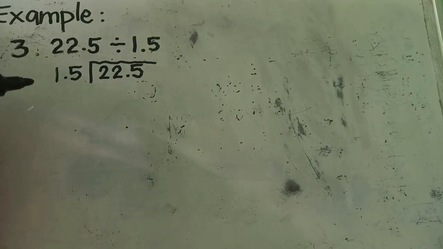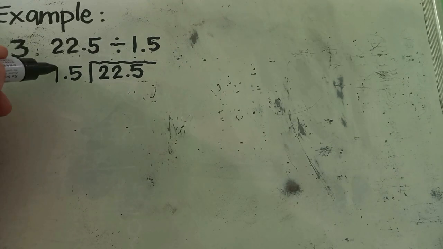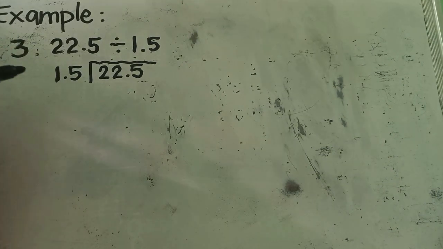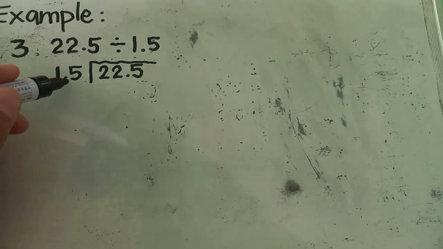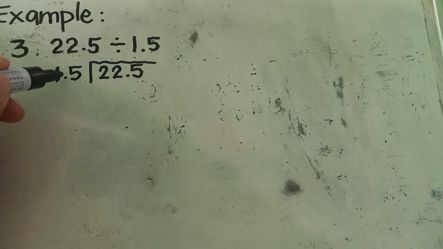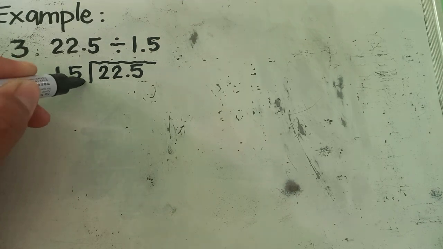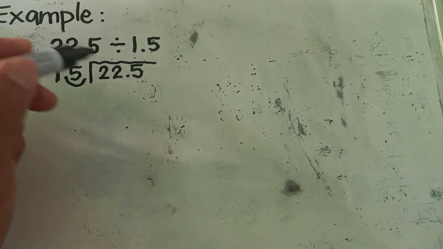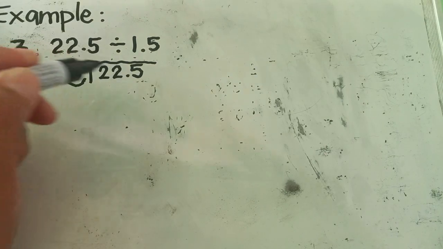So, ngayon, para makapag-divide tayo, gawin nating whole number ang ating divisor. So, ito ang ating divisor. Para maging whole number, move lang natin ang decimal point from left to right, 1. Then, sa ating dividend, move din natin ng 1.